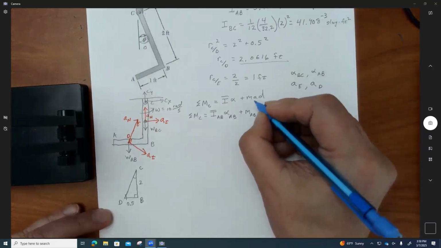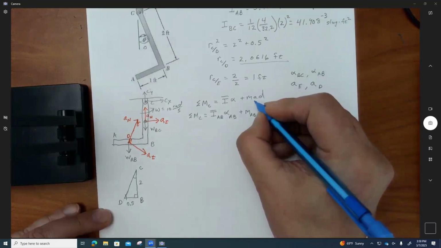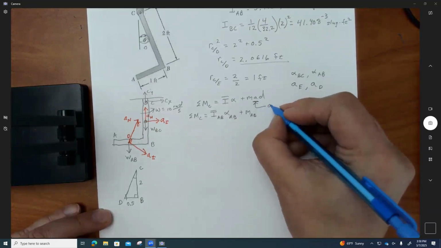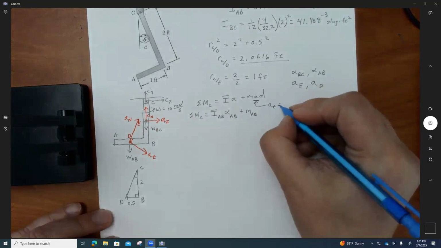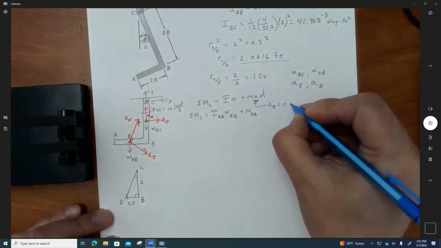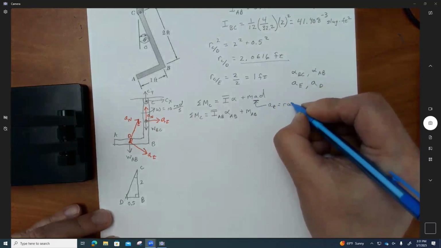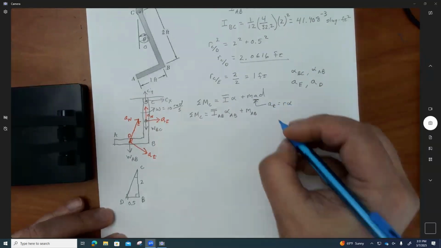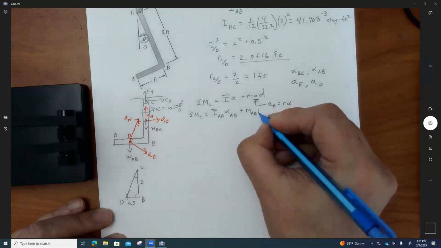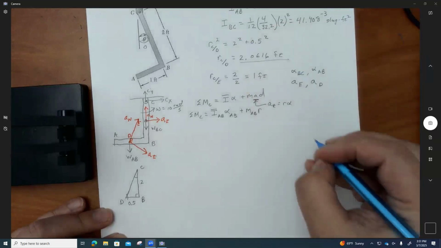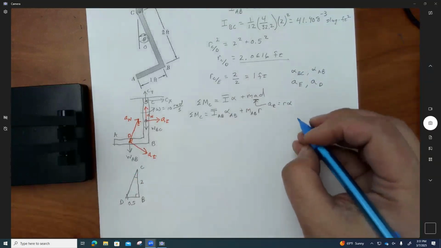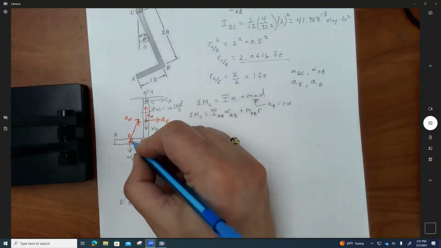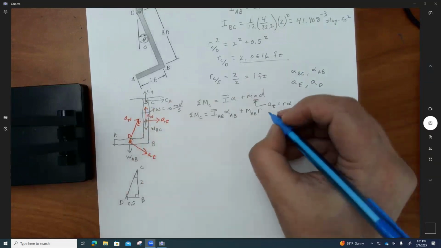And our acceleration, again, this is going to be like the problem we had before, which is going to be that acceleration in the tangential direction, which is equal to r alpha. And so we're going to need the r value we just found for, let's see, we're on this one, so we'll need CD.